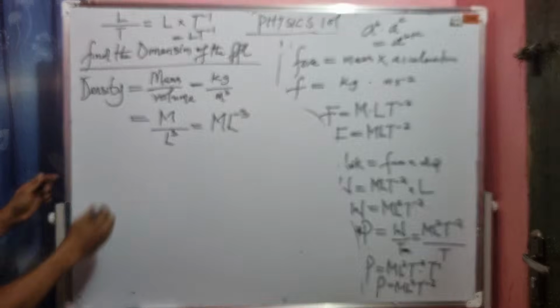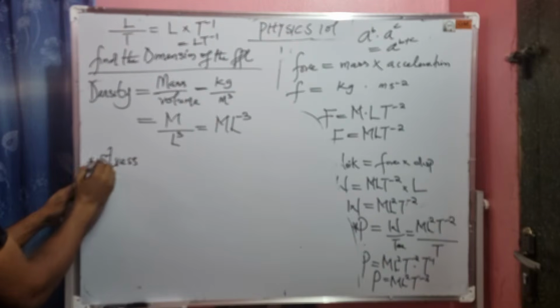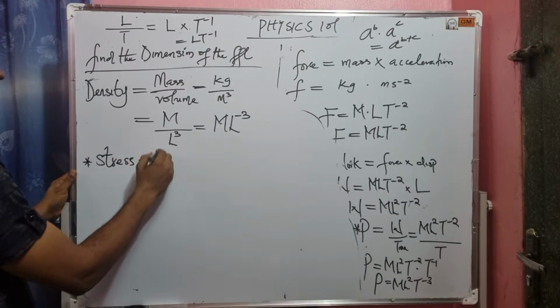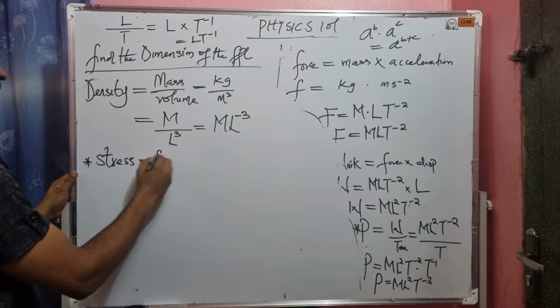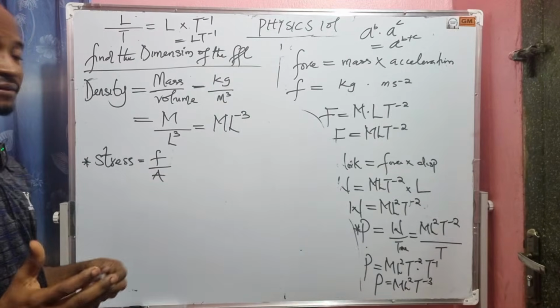The next one we'll look at is stress. Stress of a material, okay? Stress is simply force over area. Stress and pressure have the same dimension because they have the same definition.